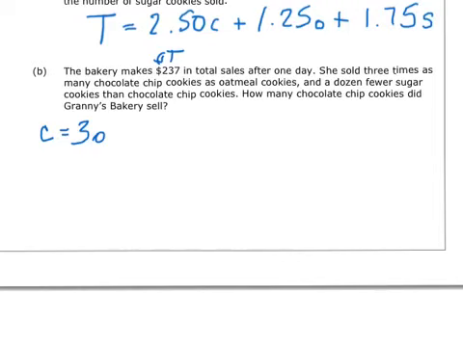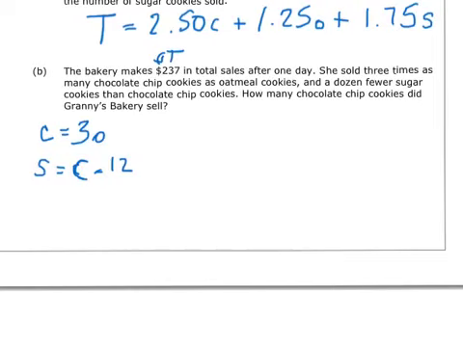So the sugar cookies are equal to chocolate chip cookies minus 12. Sometimes it's hard to figure out how to write these equations. But if I had 20 chocolate chip cookies and 12 fewer sugar cookies, I'd do 20 minus 12 to get the number of sugar cookies. So just thinking more concretely will help.